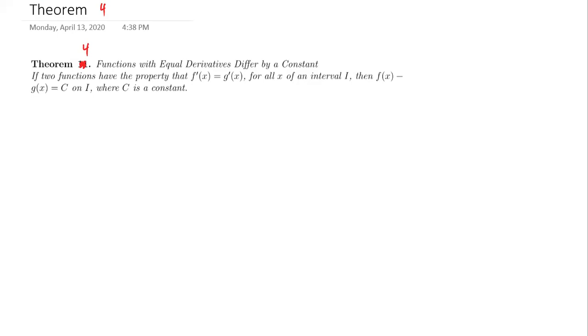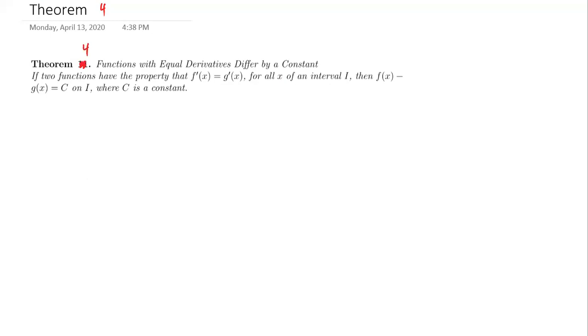One of the most important theorems of integral calculus is going to depend on this one here. So this actually has a name or a description: functions with equal derivatives differ by a constant. In this one, we will do an example and we will actually prove it because, like I said, it's very important for when we start talking about integration.